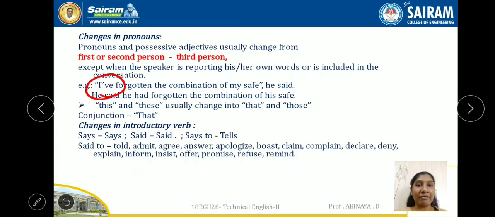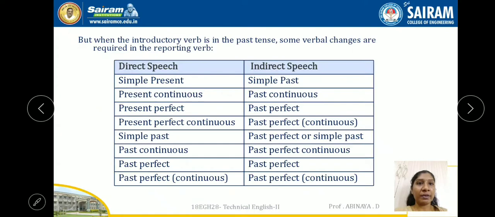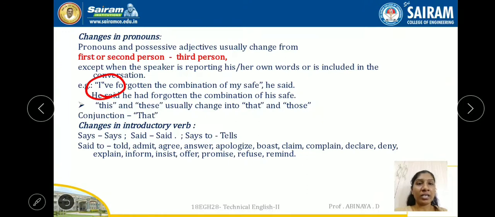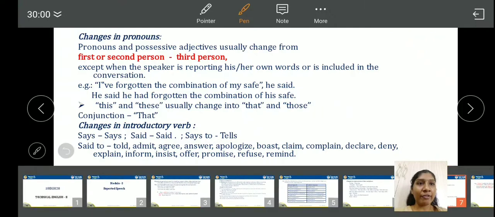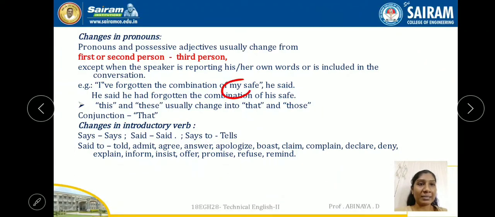This is 'I have forgotten'. This present perfect has to change into past perfect. Already I told you this present perfect has to change into past perfect. So here this 'I have forgotten' is present perfect. So we have changed into 'had', past perfect, and this 'I' first person pronoun has to change to third person, 'he'. So he had forgotten the combination of this 'my', the first person pronoun, has to change as 'his', right?